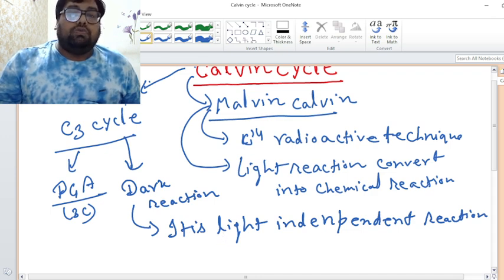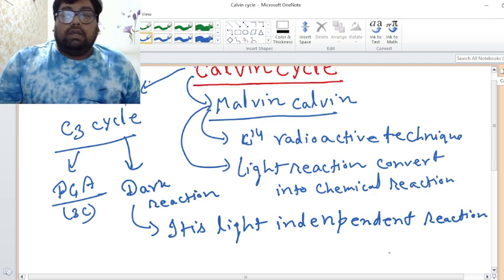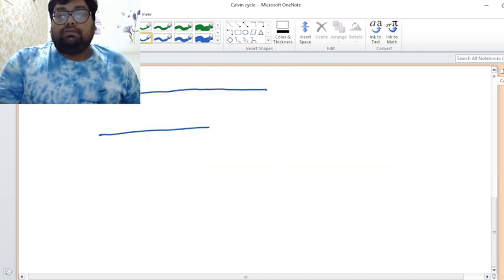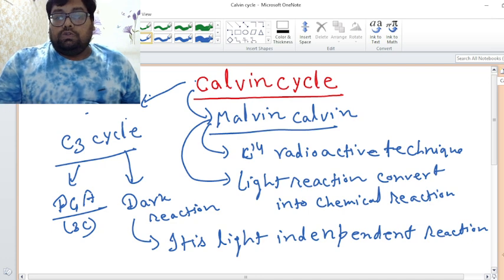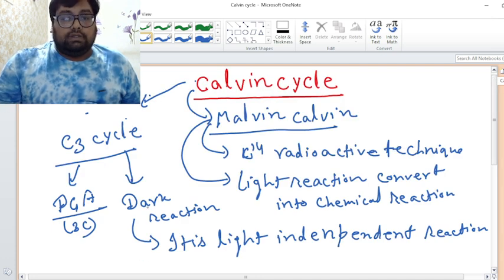Because during the process of this mechanism there is no requirement of light. But actually, this cycle depends upon the products of the light reaction.